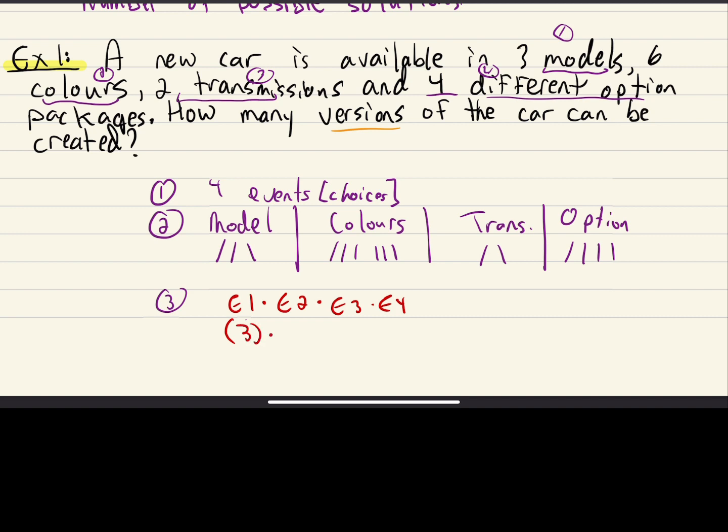My event 2 in terms of colors can expand into 6. My event 3 in terms of transmission can expand into 2. And the fourth event, the option packages, can expand into 4. And so I got 3 times 6 times 2 times 4, and that gives us a total of 144 versions.